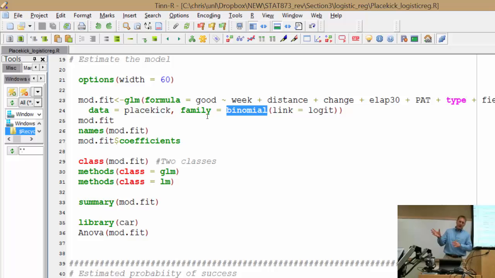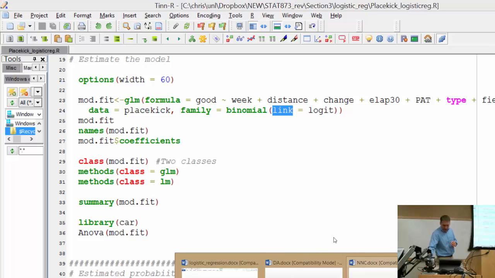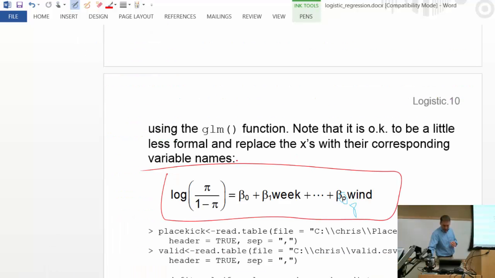The syntax is kind of weird here. Remember our response, y equals 0, y equals 1, is Bernoulli. So that's where the name binomial comes from. Bernoulli is a special case of a binomial. And then we have another argument in parentheses here called link. Link equals logit. Where that comes from is probably fairly obvious.